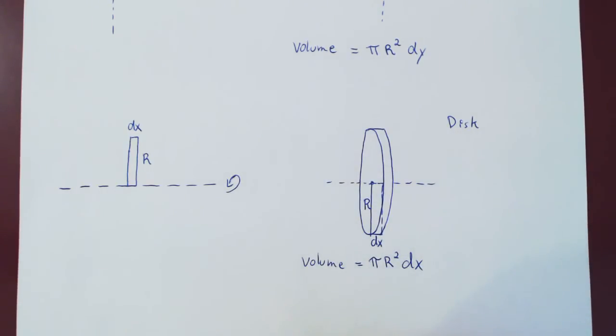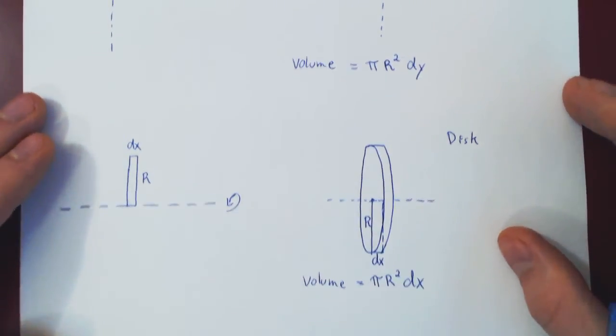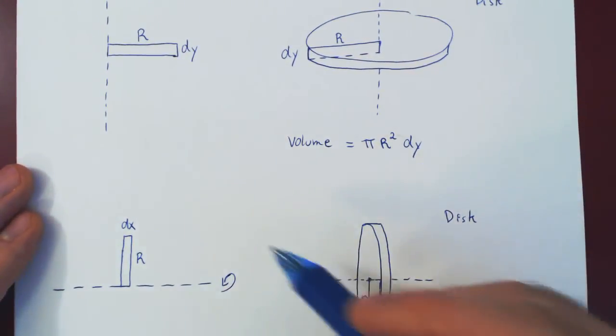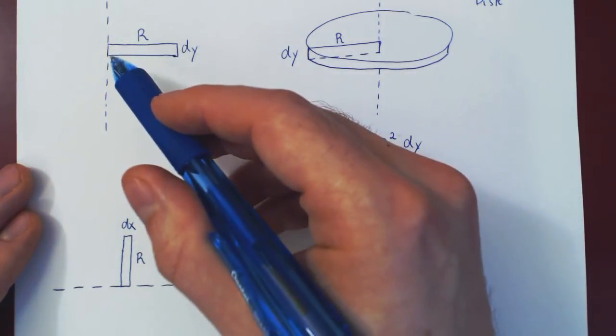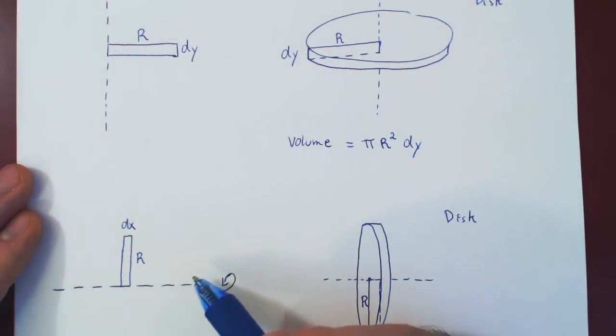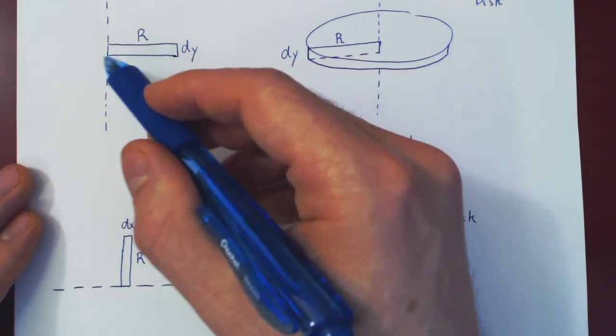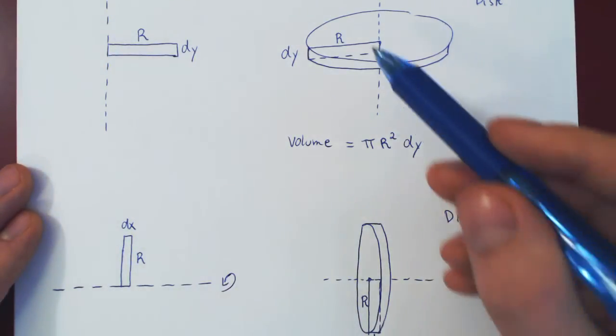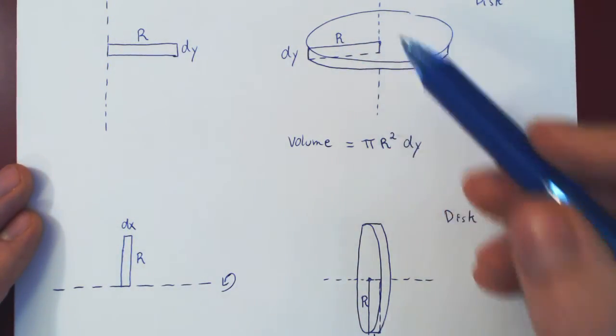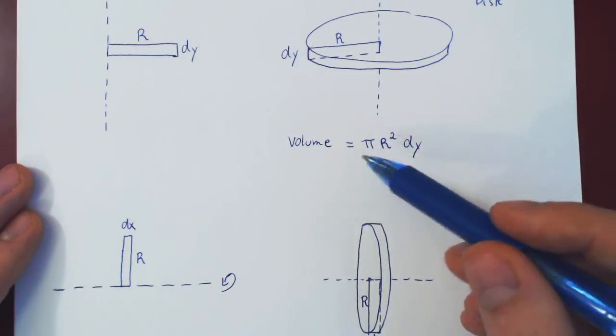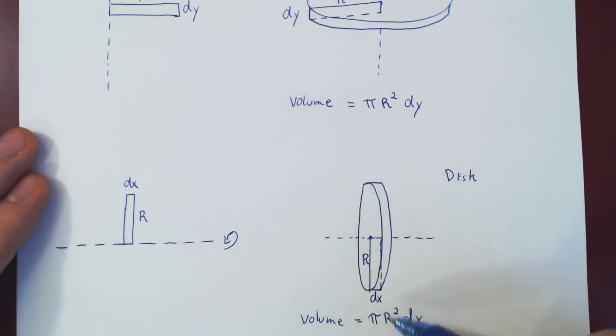And that's it. So when you have a disk, there are only two options. Well, in the one case, the rectangle must be perpendicular to the axis of revolution. It must touch the axis of revolution. And then you see in both cases, you have to find the area of the circle, pi r squared.